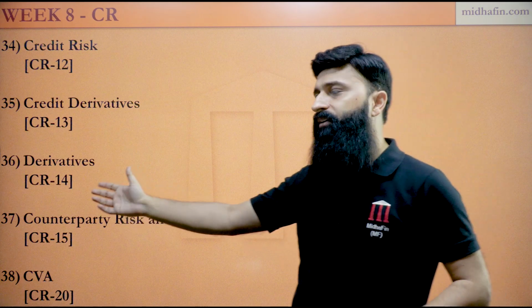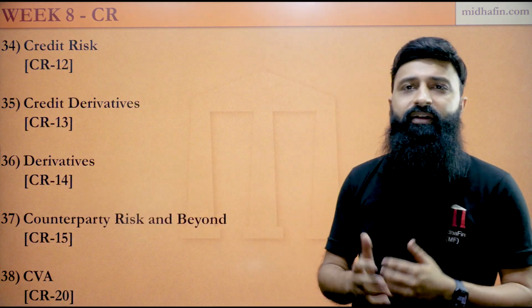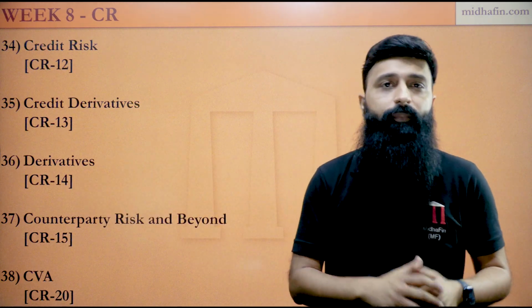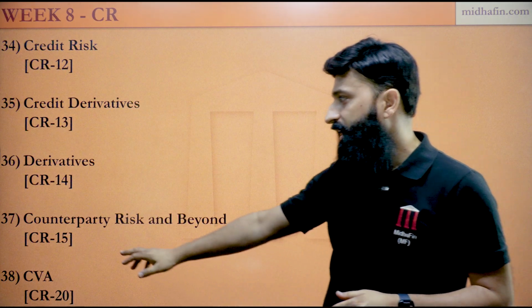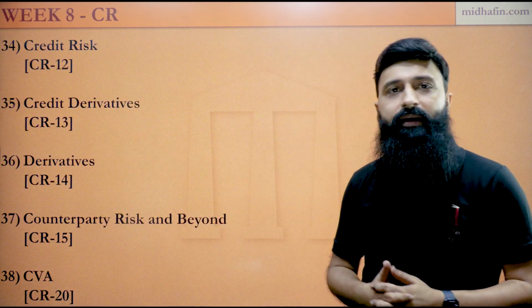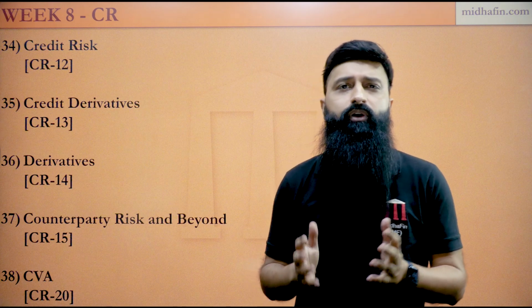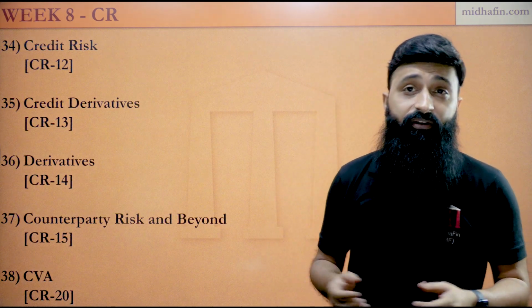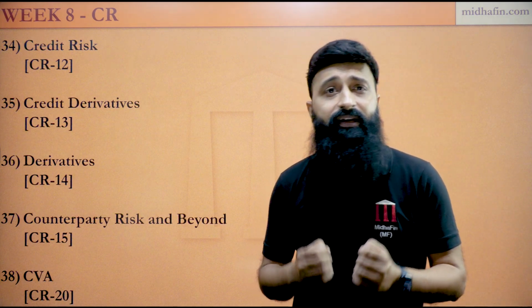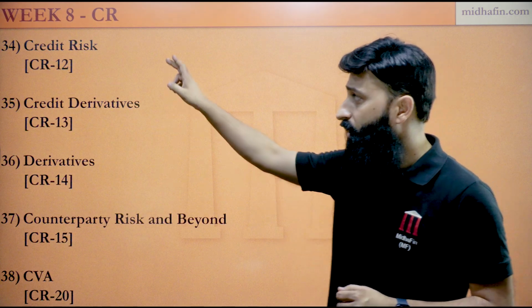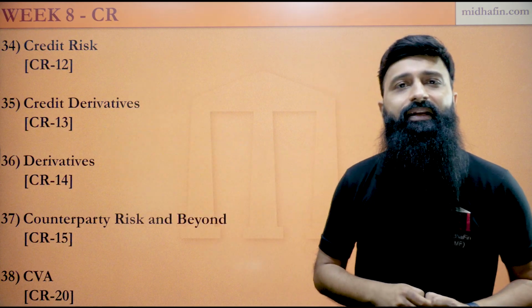This one deals with derivatives in general and their relation to counterparty risk. Then we have CR15, counterparty risk and beyond. It focuses on counterparty risk, which is a very important aspect of managing credit risk in derivatives. It builds on the concepts from CR12 as well as CR13.